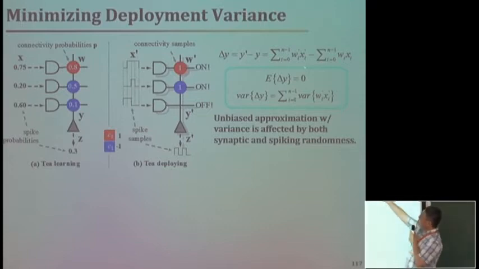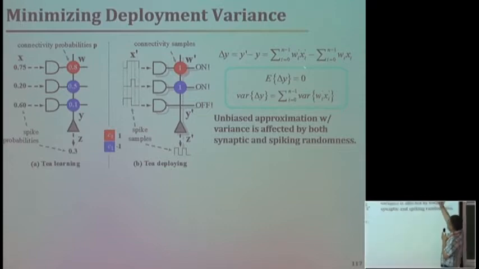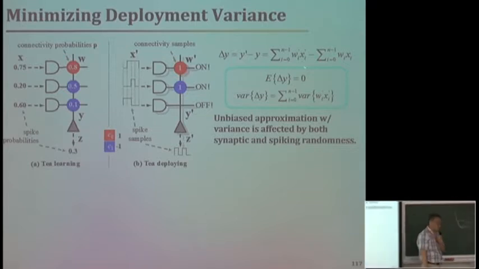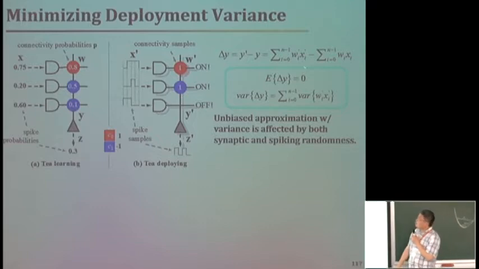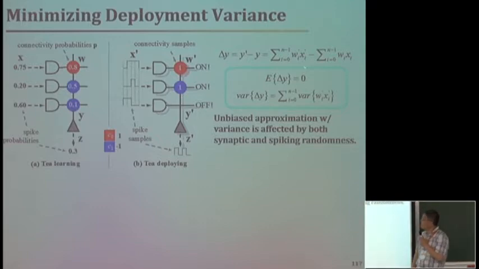It's actually the sum of the variance of wi' times xi'. wi' is the integer weight. xi' is a spike input.